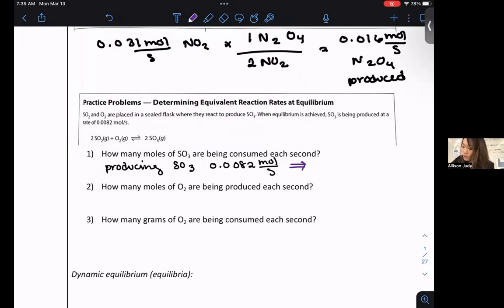So I am also consuming 0.0082 moles per second of product. As soon as I make it, I'm undoing it, okay?